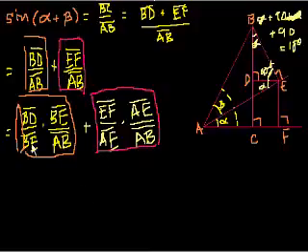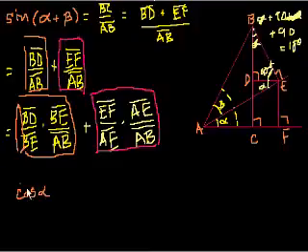So what is BD over BE? Well, that's the adjacent to this alpha, which is the same angle, really. BD over BE is adjacent over hypotenuse, cosine. So that is equal to the cosine of alpha.